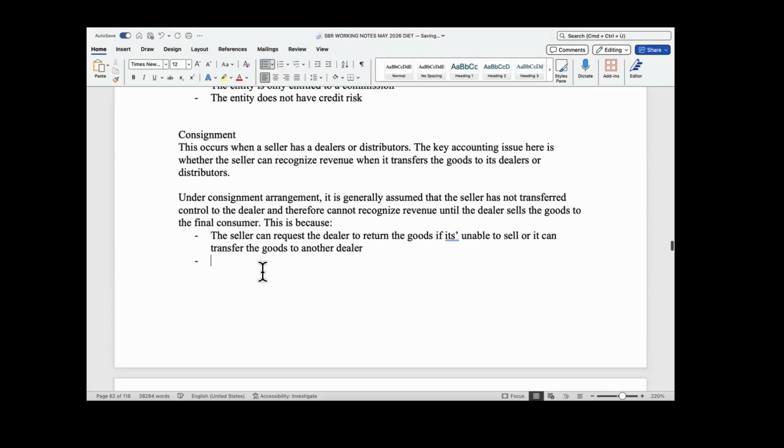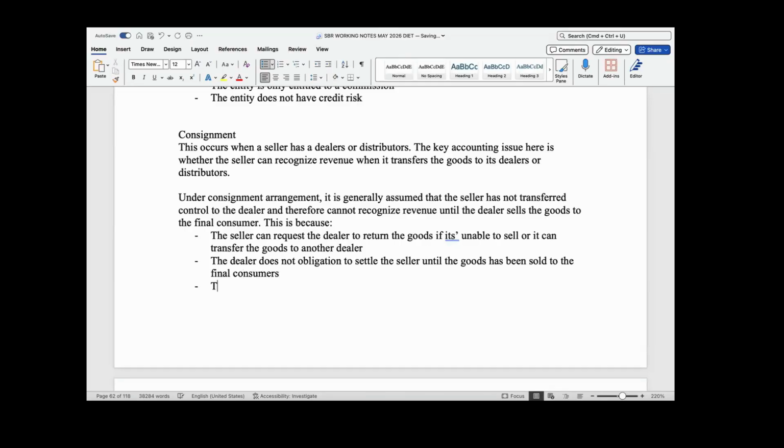Number two, the dealer does not have an obligation to settle the seller until the goods have been sold to the final consumer.